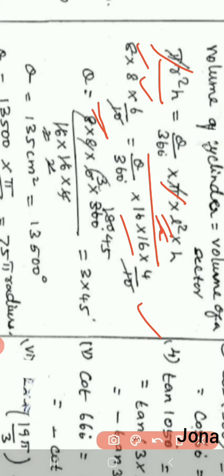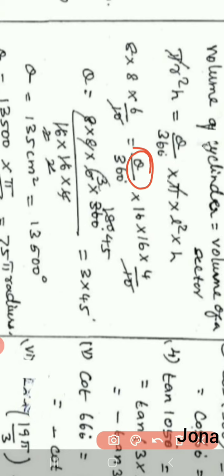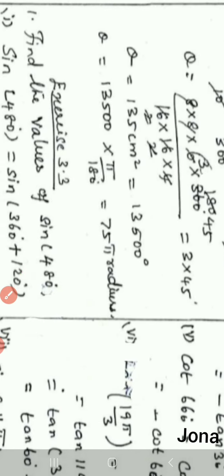We want to find the value of theta, isn't it? So keep theta as it is and take the numbers to the other side as reciprocals, so that we have 3 into 45 degree, that is nothing but 135 degree. And then we want to convert this into radians, isn't it?